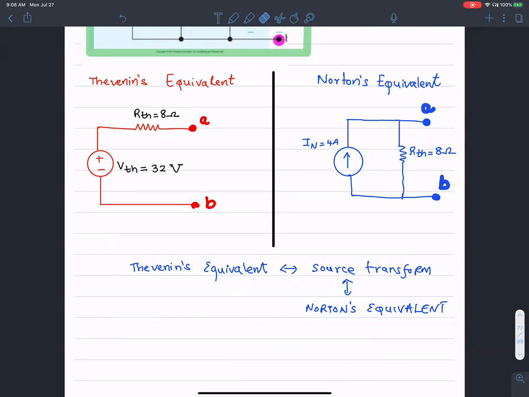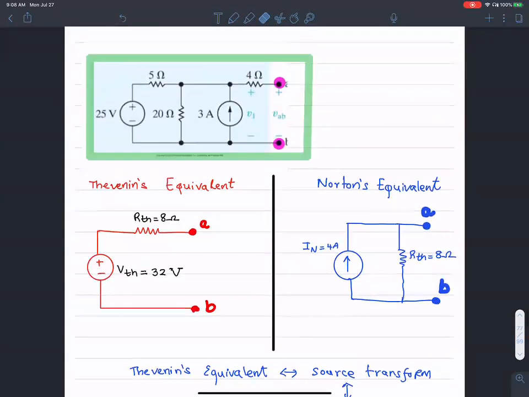Okay, simple techniques. So what did we do in today's class? Well, we looked at 3 techniques. The first idea is source transformation, which simply means a voltage source with a series resistance can be expressed as an equivalent current source with a parallel resistance. Then we discussed Thevenin's equivalent, which simply means I can simplify a large complicated circuit into an equivalent voltage with a series resistance.